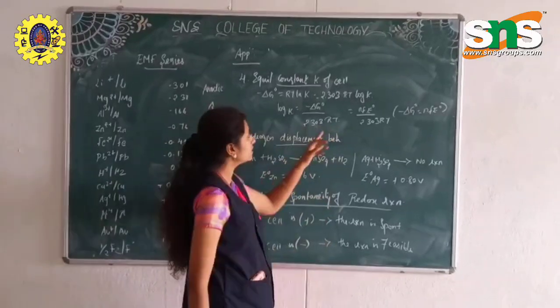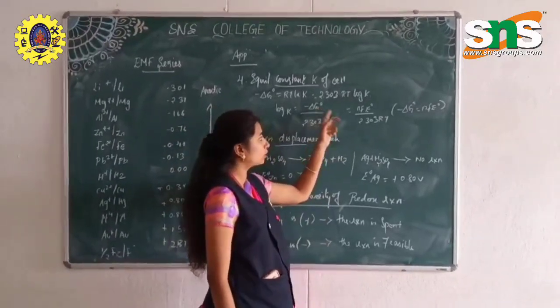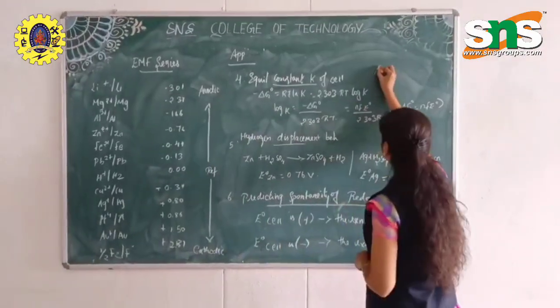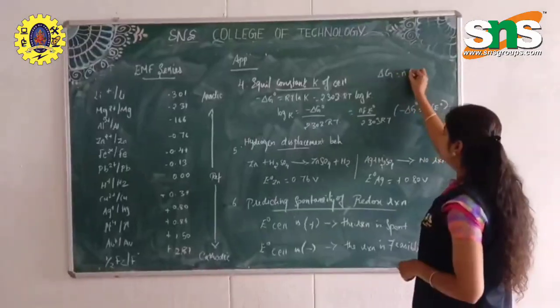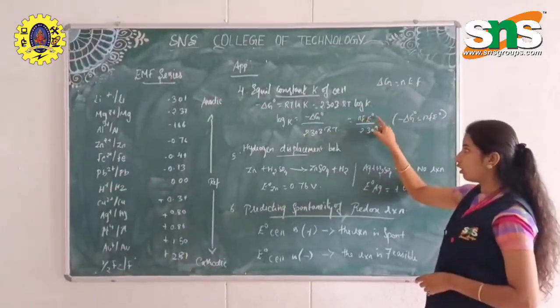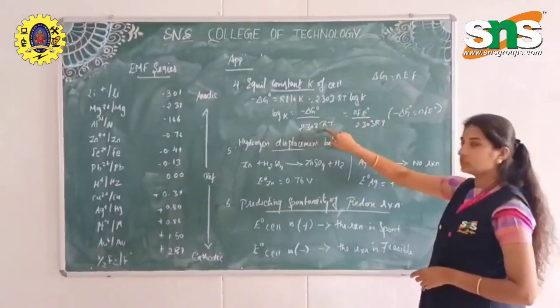From this we are considering del G equals minus nEF. So del G naught is also considered as nF E naught, and log K equals nF E naught divided by 2.303 RT.